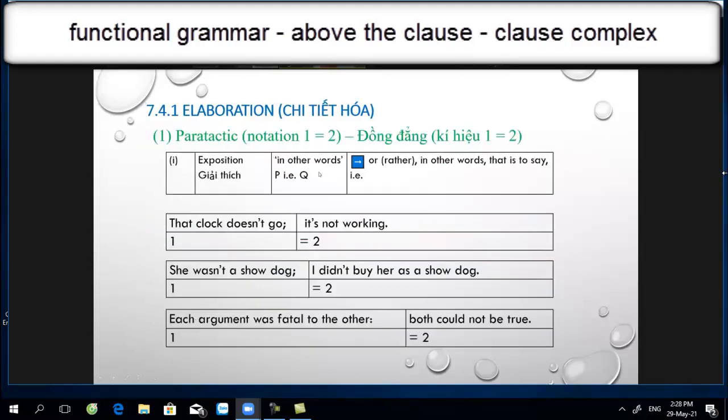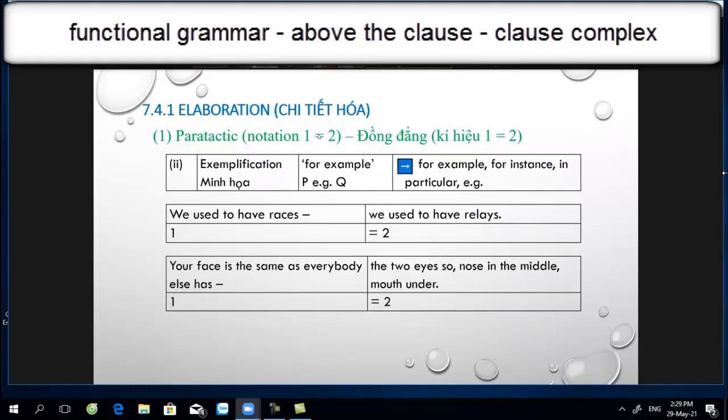And now we go to the first part. The paratactic, the first one, we use it for exposition, to explain something. And we have some indicators like "or", "rather", "in other words", "that is to say", and "i.e." The first: "We used to have races. We used to have relays." Yes.